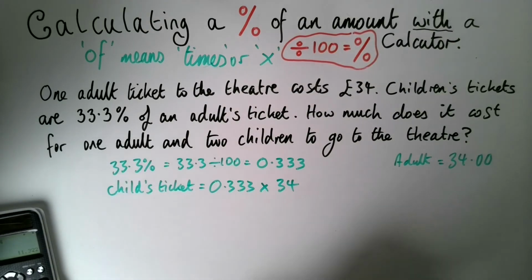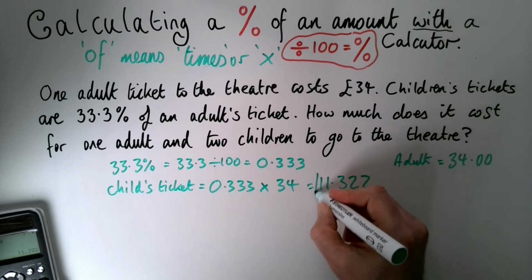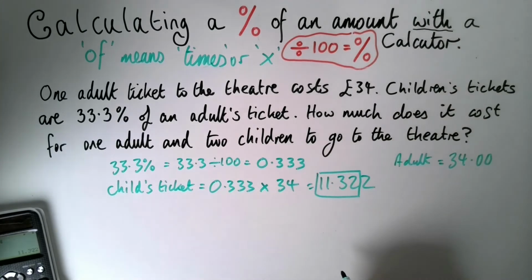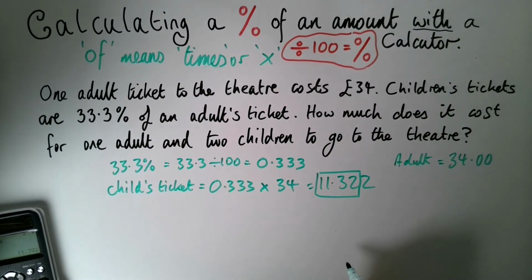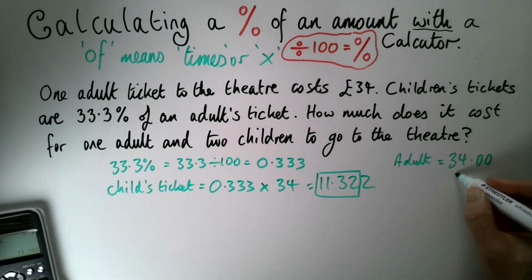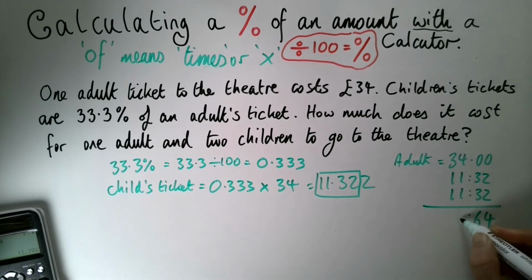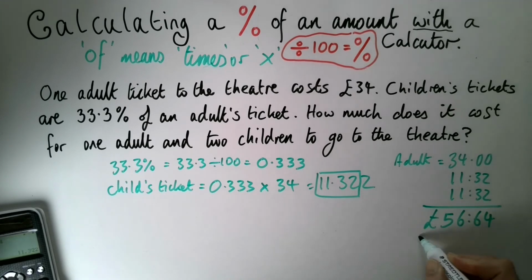So that means that we round to the nearest penny. One ticket must cost £11.32, and we want two children, so we're going to have £11.32 and another £11.32, and then we can use our calculator to do this, but that should give us £56.64.